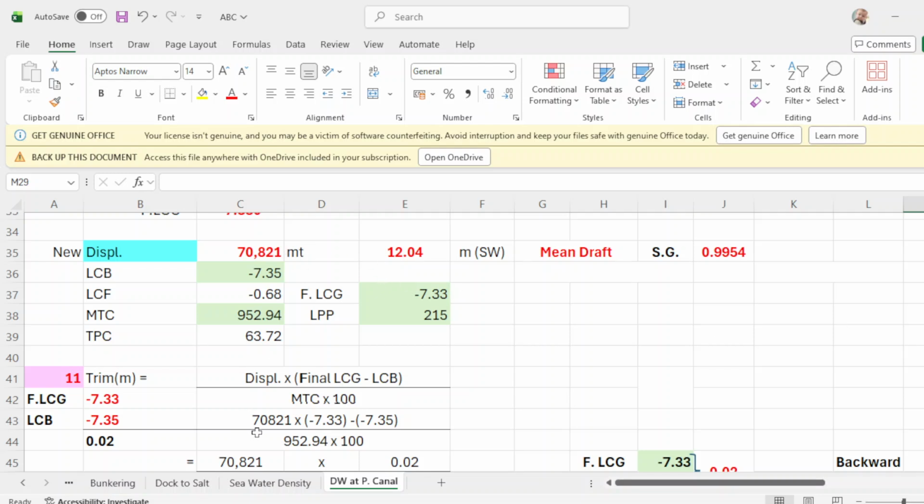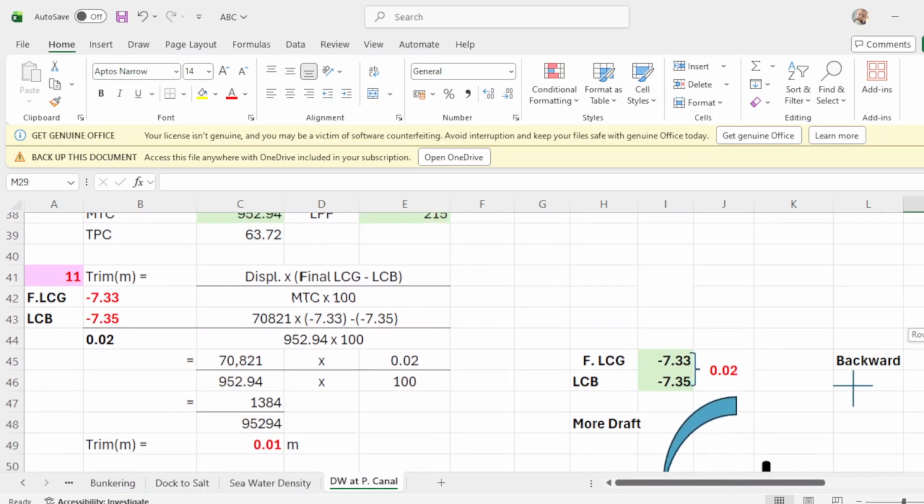Displacement is 70821, minus, multiply by the value of this two, which is 0.02, over your MTC. Your MTC is 5952.94, times 100. So what is the value of this two?